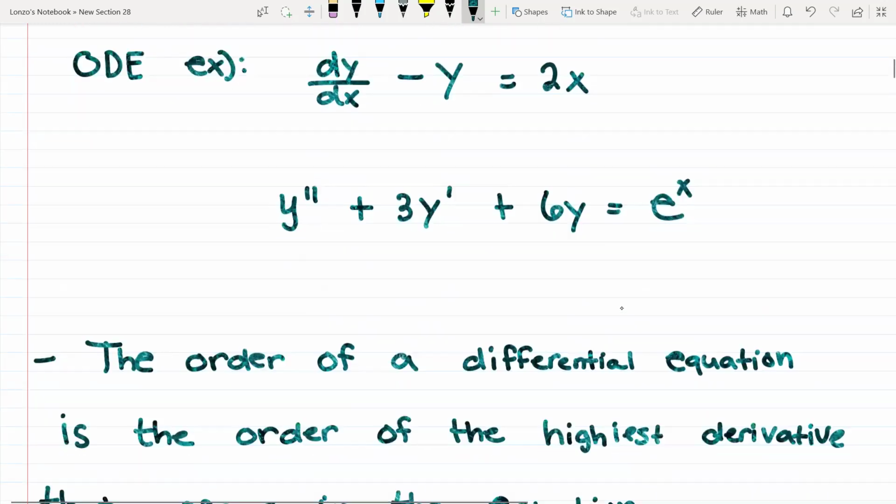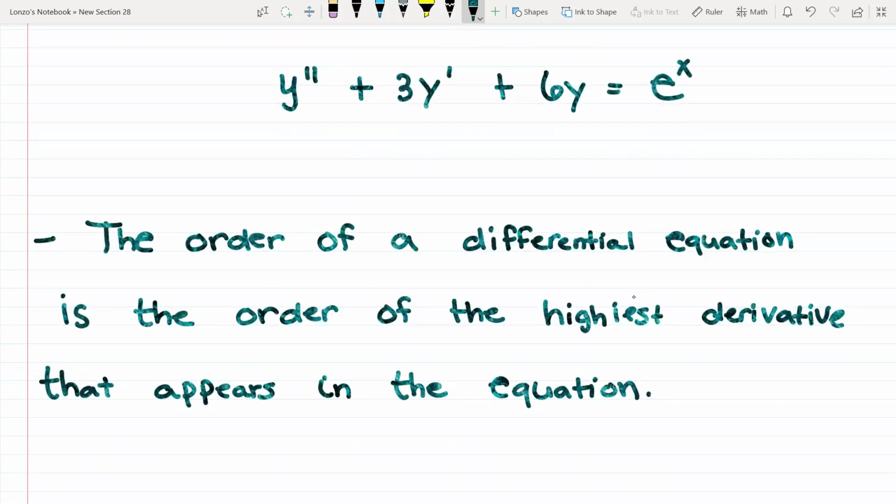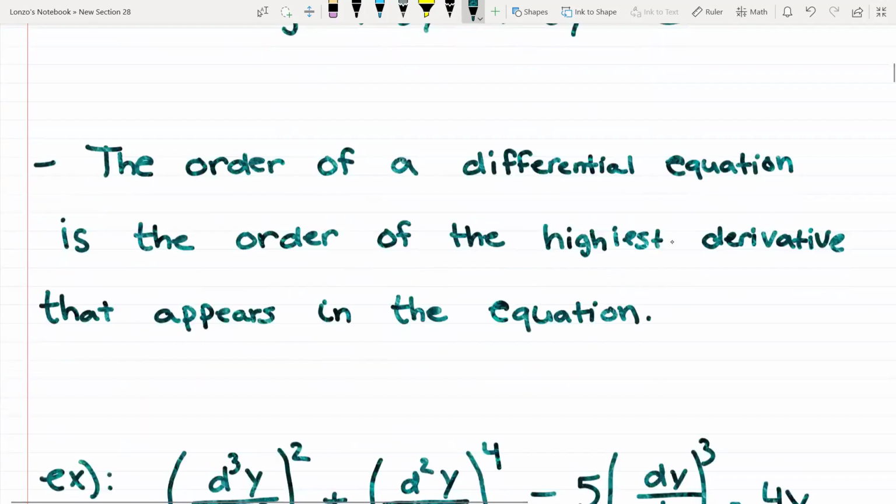We'll go over more of that, but I want you to know that the order of a differential equation is the order of the highest derivative that appears in the equation. The highest derivative doesn't mean the highest power. If they ask what order a differential equation is, you just have to know it's the highest derivative, not power.